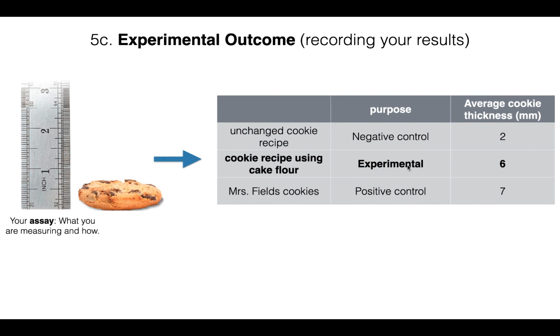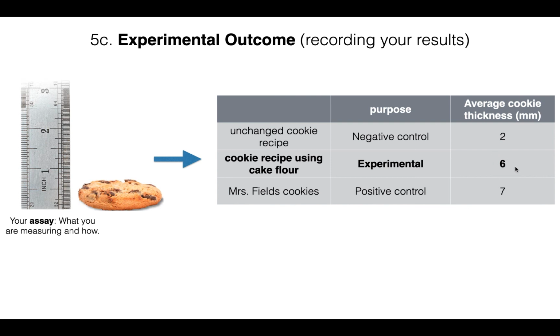And then our experimental, right, where we've taken our original recipe and replaced the all-purpose flour with cake flour, and we get 6 millimeters of average thickness. So this is our experimental outcome. We have a predicted outcome, what we predicted should happen, and then we have an experimental outcome, what actually happened.